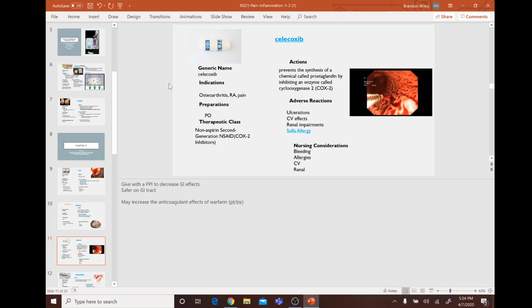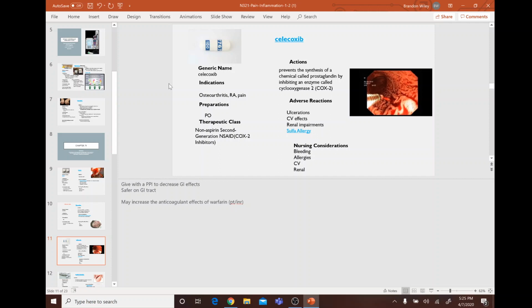Prevents the synthesis of a chemical called prostaglandin by inhibiting an enzyme called COX-2. What are the adverse reactions of celecoxib? Ulcerations, CV effects, renal impairments, sulfa allergy.